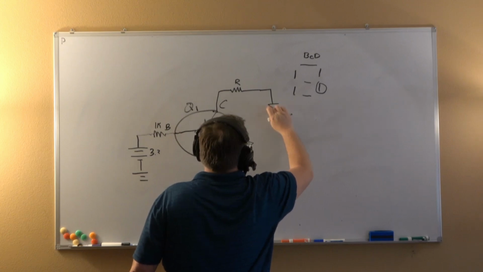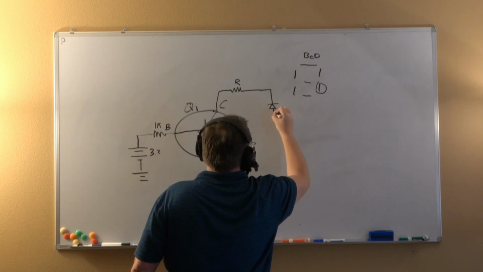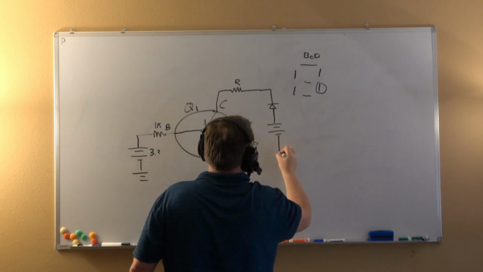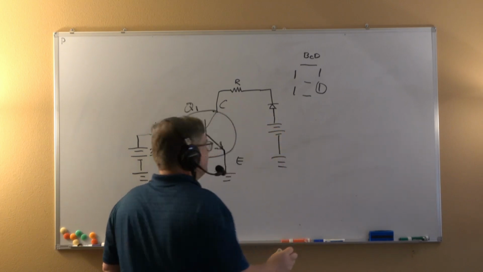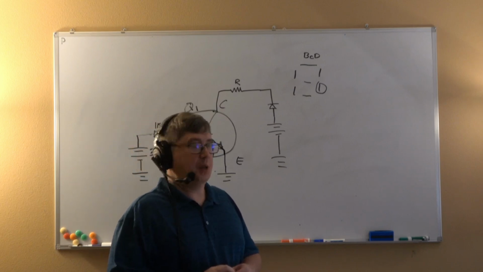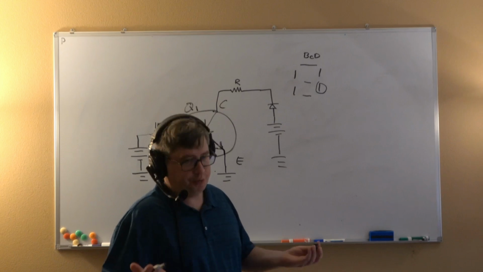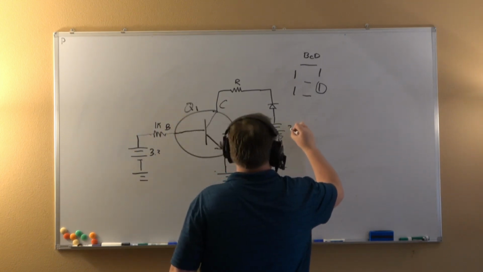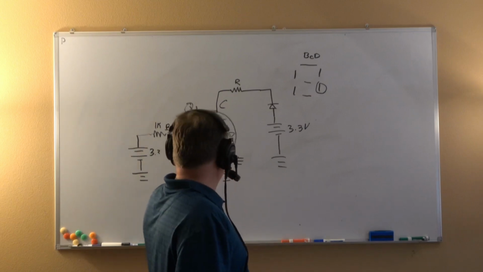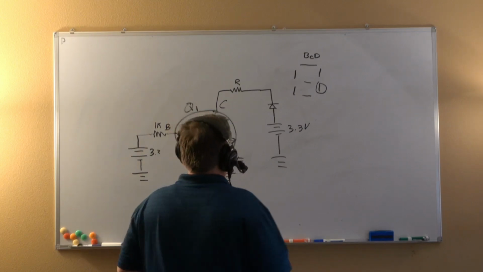Actually, it's the other way. Okay. And then we have a battery. That battery is coming from the microcontroller, which has 3.3 volts. We discussed that. That diode is a red diode.